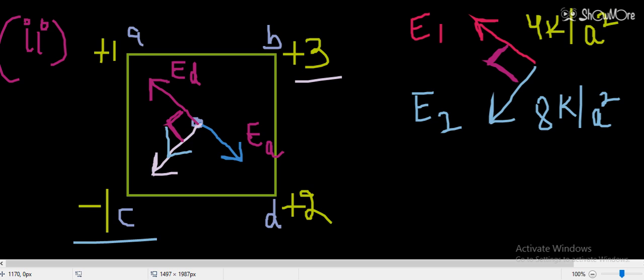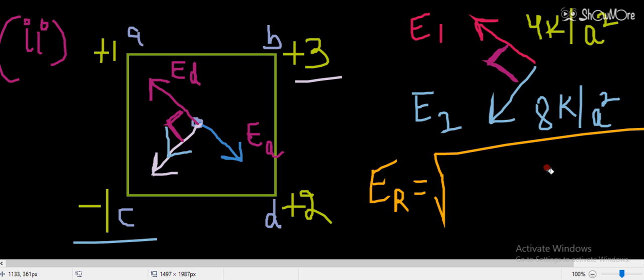So now we have to find the resultant, and let's suppose it is ER. I am using the parallelogram law here. Resultant is equal to under root of 4k by A square, which is one vector, its square, plus 8k by A square squared.